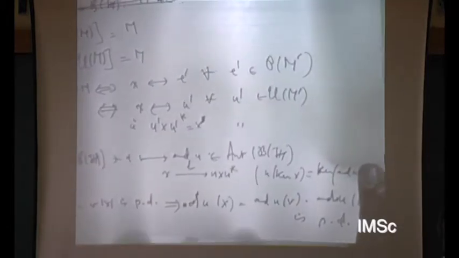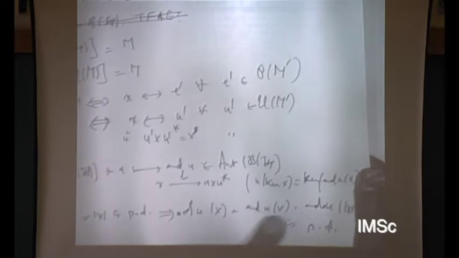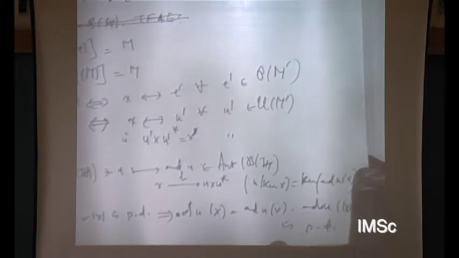Now, if you apply any automorphism, all those properties will get translated in the correct way, and that is what we use to say that Ad u of V and Ad u of mod x give the polar decomposition of Ad u of x.